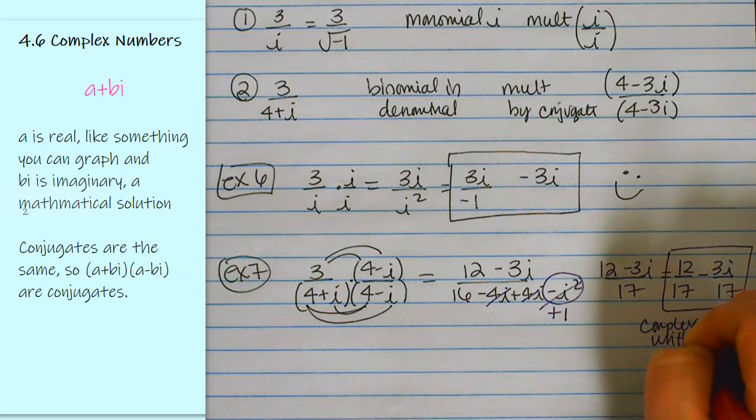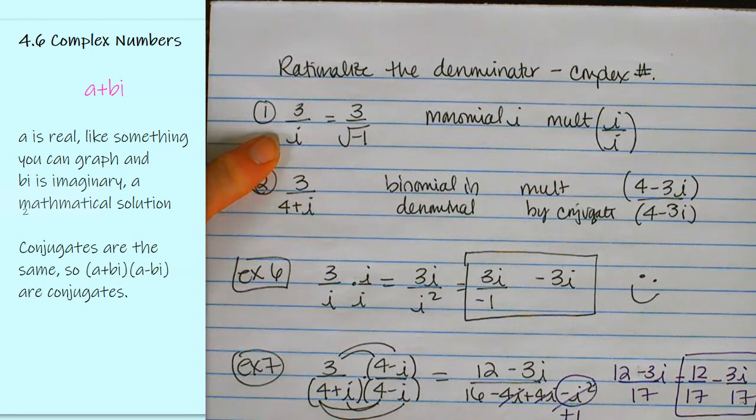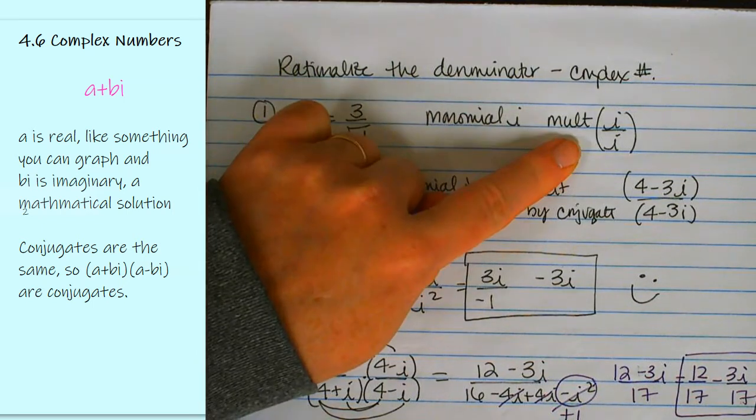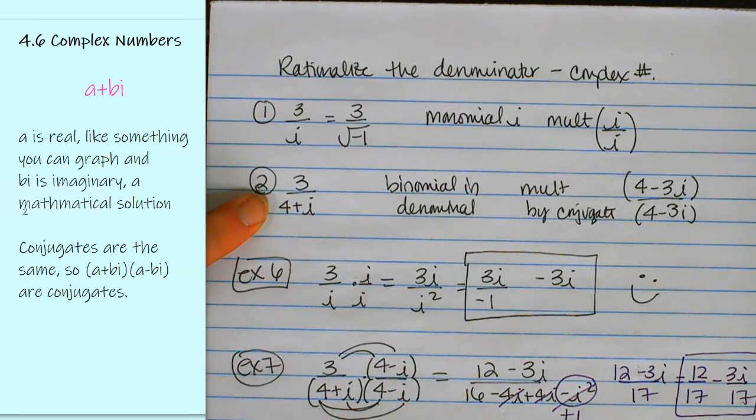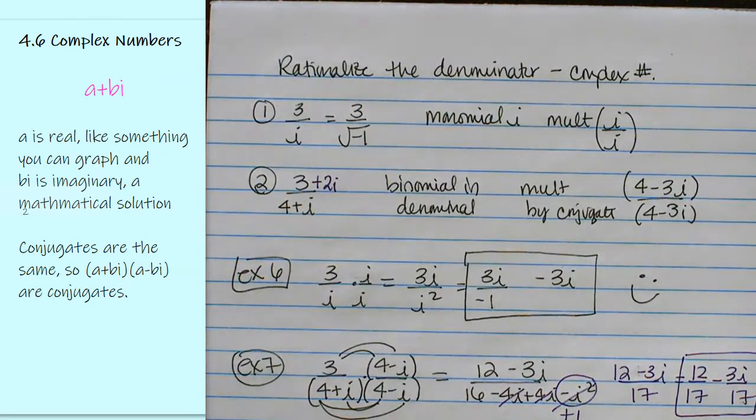So this is the exact same rule that we learned in the last section. It applies to imaginary numbers as well. You're either going to multiply by a monomial, like i over i, or you're going to multiply by the conjugate. You're trying to fix the denominator. If the top had said 3 plus 2i, you don't care.